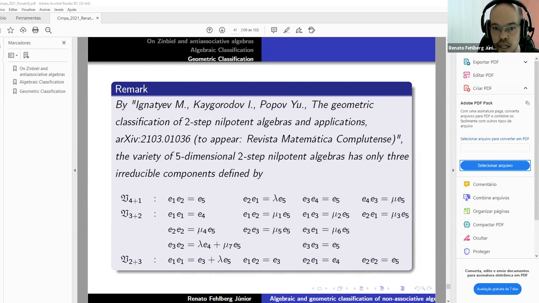Because we have the result, the geometric classification of 2-step nilpotent algebras and applications, that proves the geometric classification of 2-step nilpotent algebras, even if the algebraic classification of 2-step nilpotent algebras is not completed.